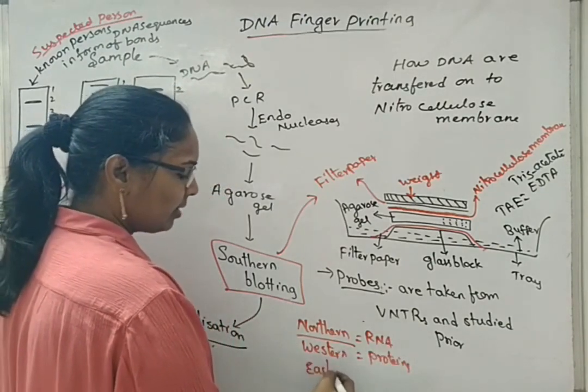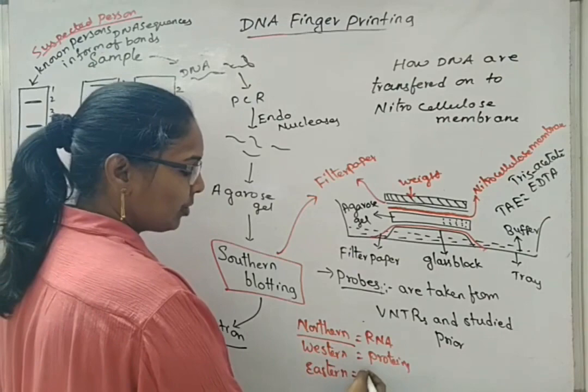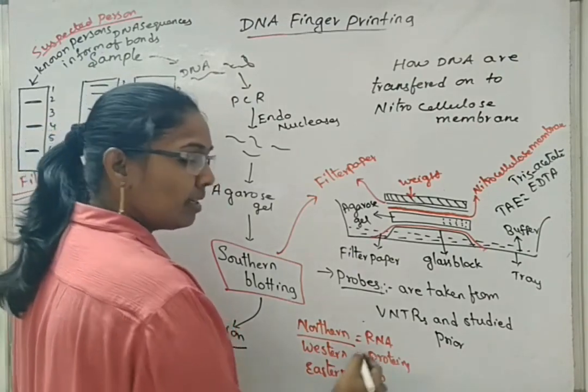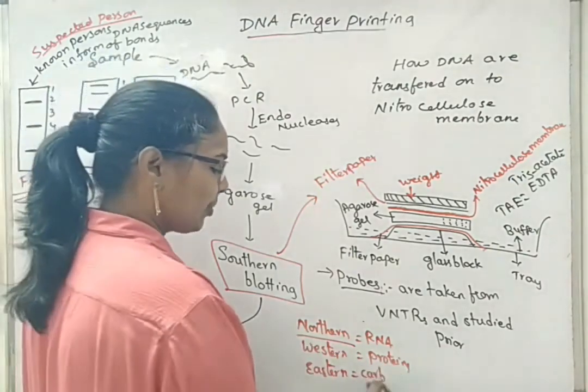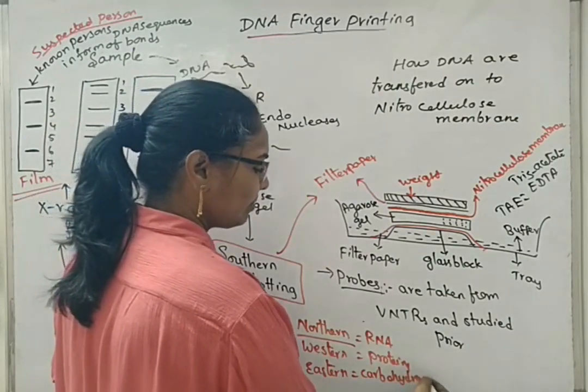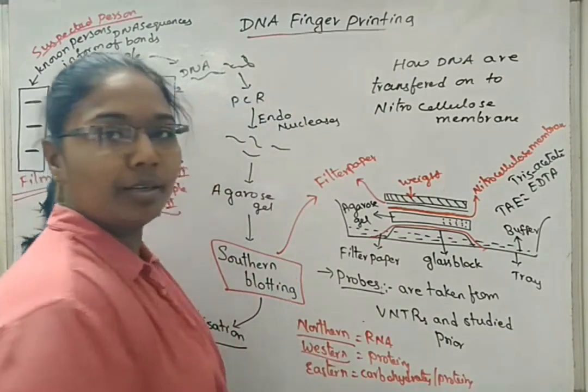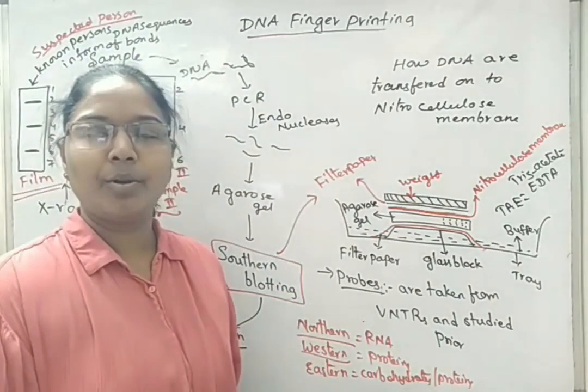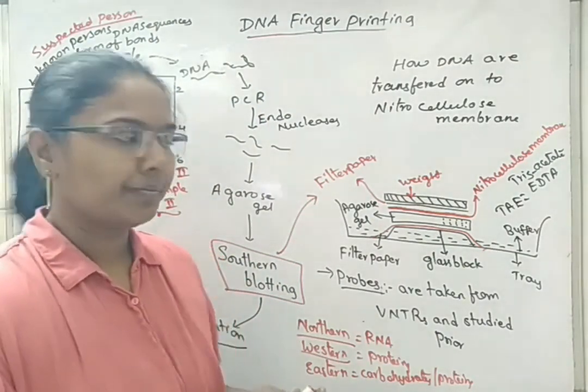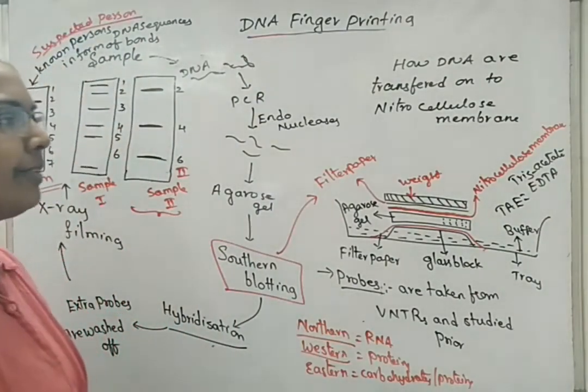There is another term, very much less used, for identification of carbohydrates and very rarely proteins. Nowadays, Western blotting is not that much used. Instead of Western blotting, the ELISA technique is used. So this is all about the DNA fingerprinting method.